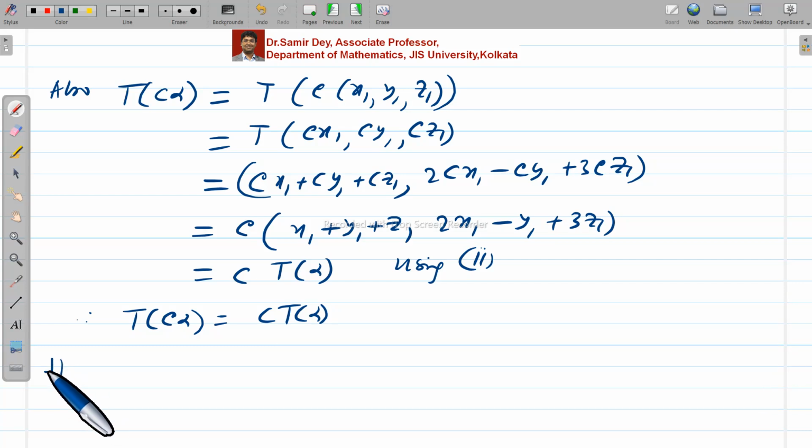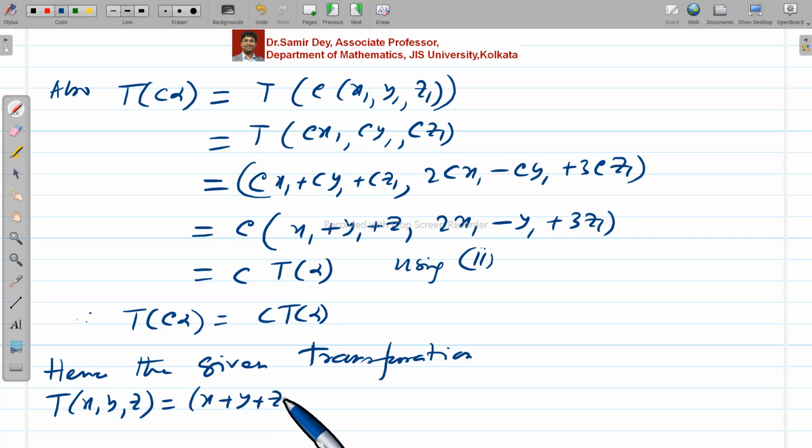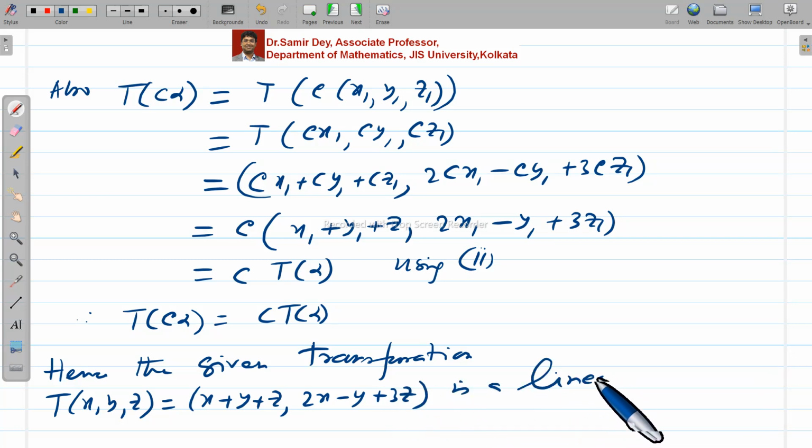So you write down: hence the given transformation T of x, y, z is equal to x plus y plus z comma 2x minus y plus 3z is a linear transformation.